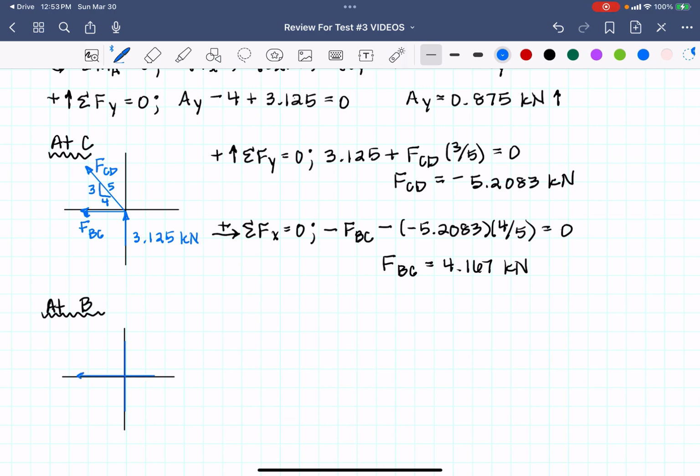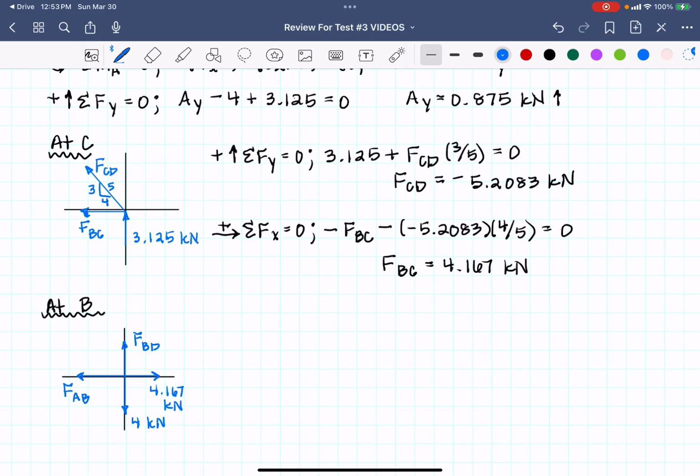So to the left, I have FAB. To the right, I have FBC, which is 4.167 kilonewtons. I've got pulling down, I've got 4 kilonewtons, and then I've got a force going up of FBD.